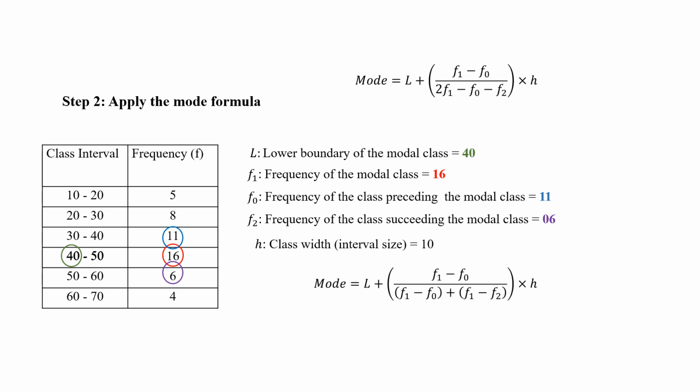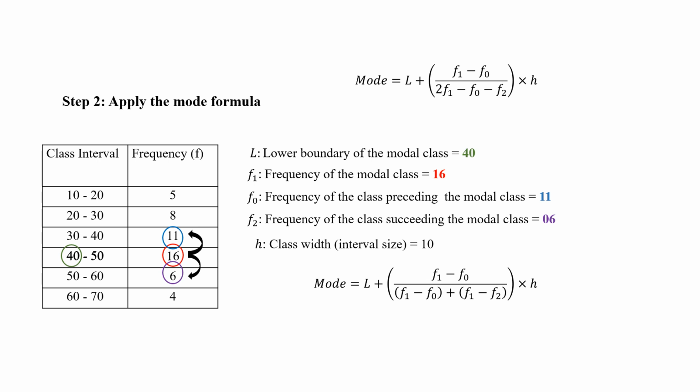Now we can reformulate this formula as follows. The mode is equal to L, the lower boundary of the modal class, plus f1 minus f0, divided by f1 minus f0 plus f1 minus f2, all times h, which is the size of the class interval, as we can see here in our table.